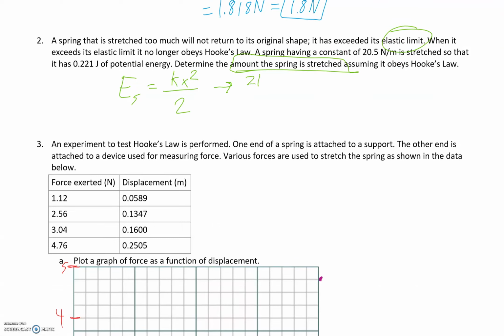So it's 2Es over k, multiplying by 2 on both sides. And that gives us x squared. That's not quite done yet. If we square root both sides, that's the square root of 2Es over k equals x.